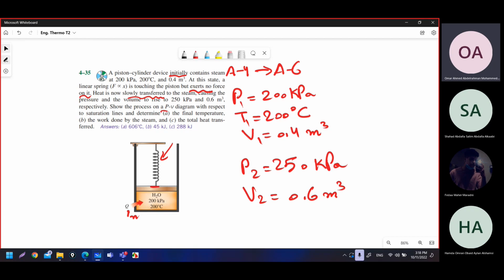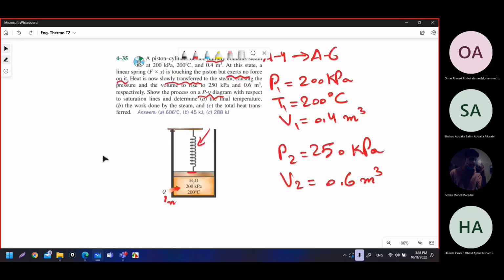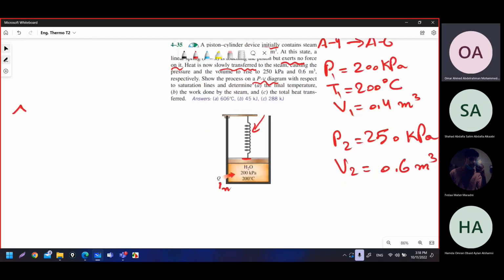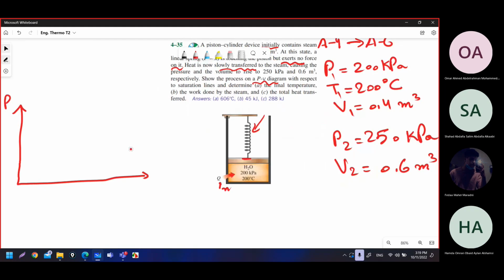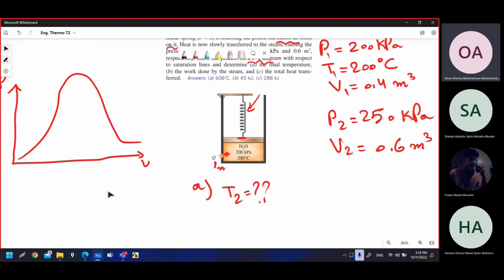Show the process on a PV diagram with respect to the saturation lines, and determine in part A the final temperature, T2. Then the work done by the steam.